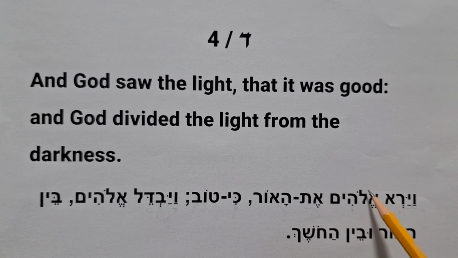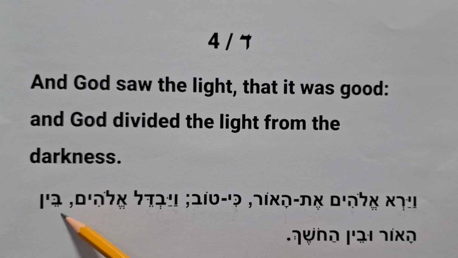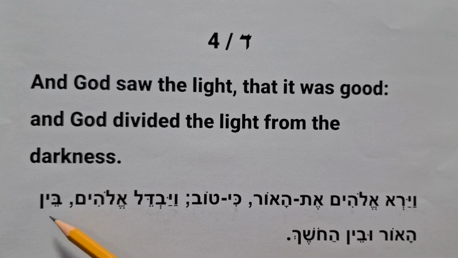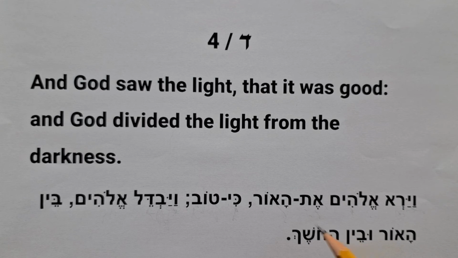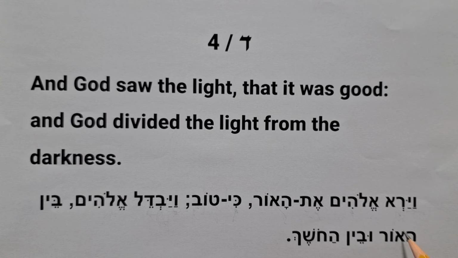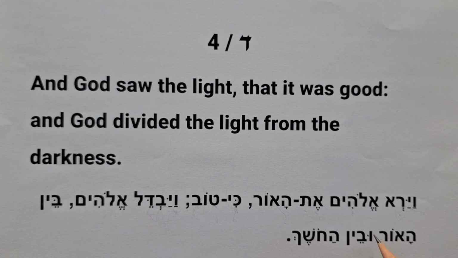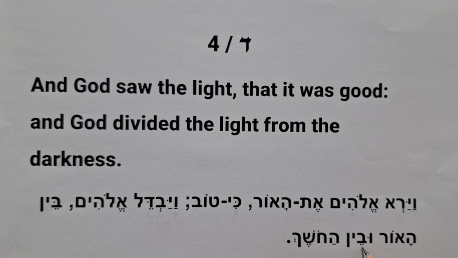Elohim, just like that. Bain, bet with dagesh, with tzere, be, in, yod and nun sofit. Bain. Haor, yes, light, just like that. Haor, uvein, just like here, but no dagesh here, and so it's vav with shuruk, it's the sound of u, and vein, uvein.